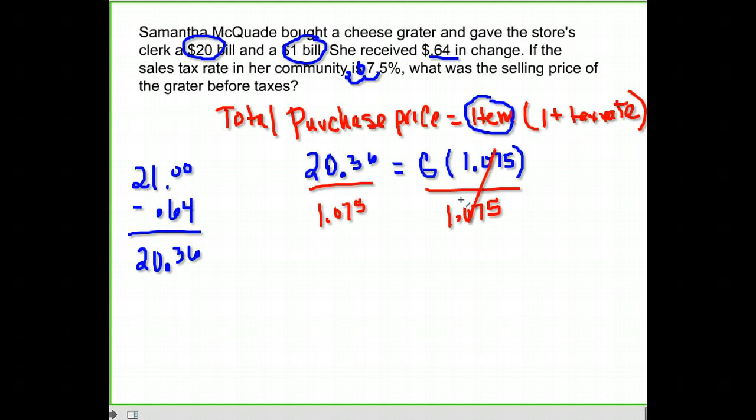Yeah, that would be one expensive grater. Good job. Yeah, it would be $18.94 is the price of the grater.